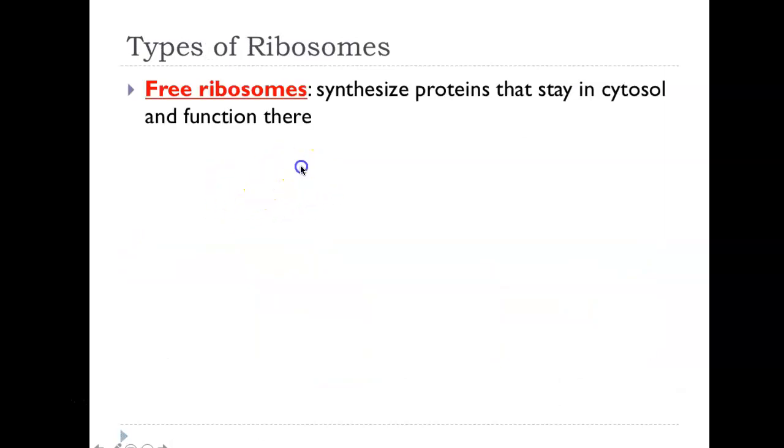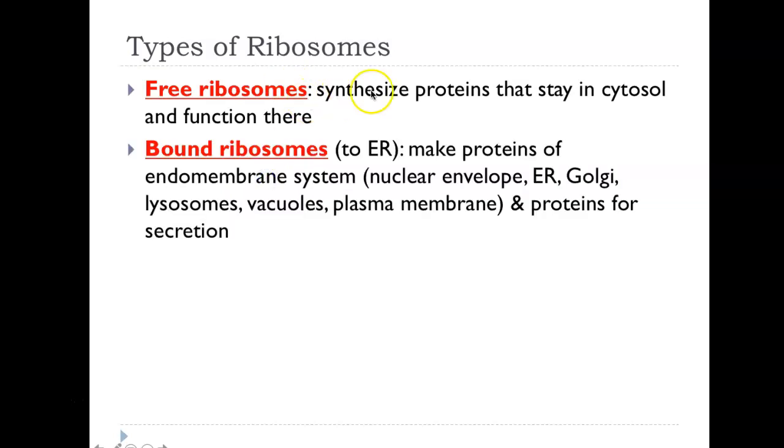All right, we have different types of ribosomes. This is going to be review. Free ribosomes synthesize proteins that stay within that cell. Bound ribosomes are going to make proteins that are to be secreted and exported from that cell. Counterintuitive. You would think free ribosomes, it's making free, they get to leave.